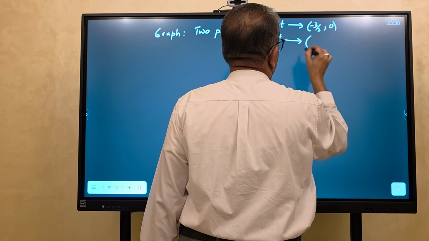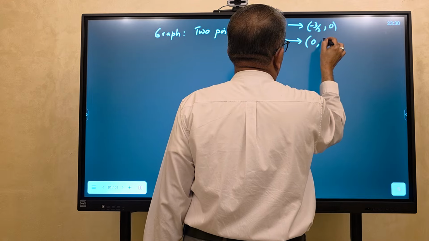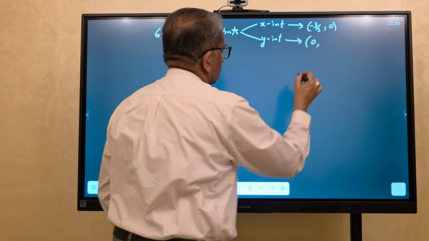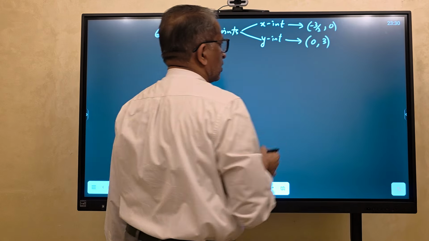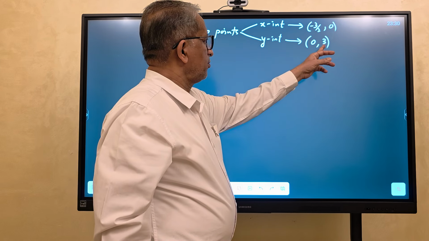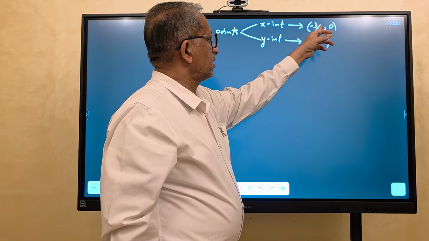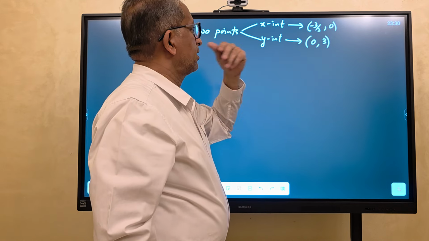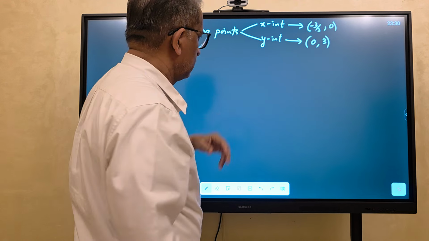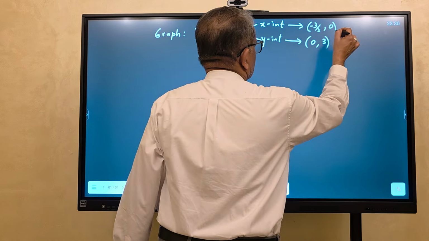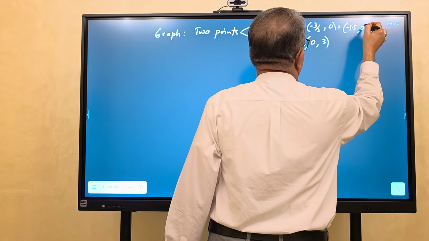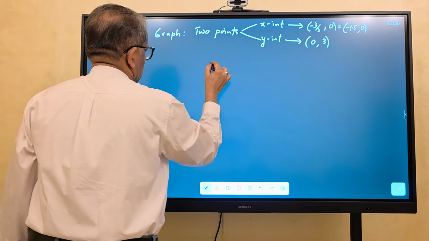What is the y-intercept? 0 comma 3. Because whenever it is the y-intercept, x is 0. So we are given 2 points, the x-intercept and the y-intercept, which we already found. Show it. So you know that minus 3 by 2 means minus 1.50.